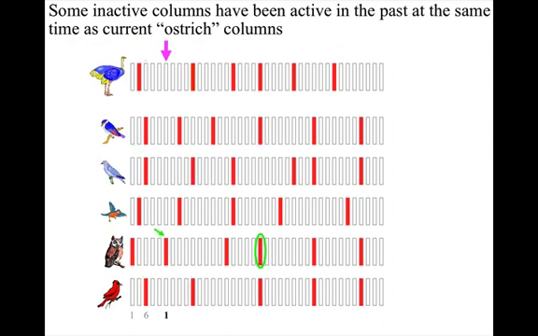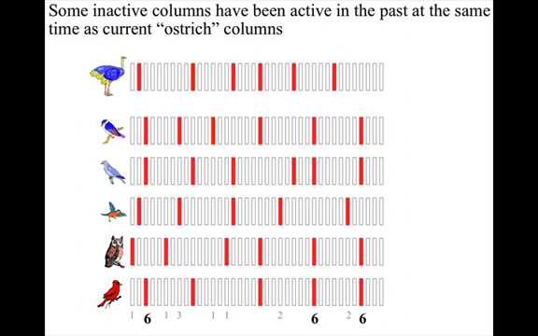You can go through that process for each inactive column, counting the past simultaneous activation frequency, and each time you get a possible weight in favour of indirect activation of the column.